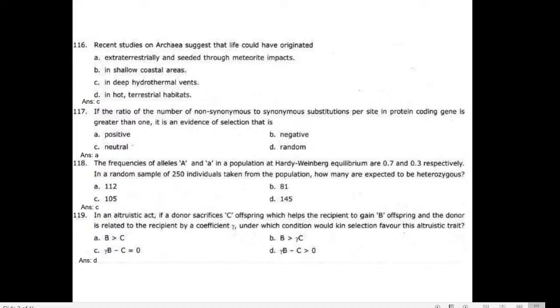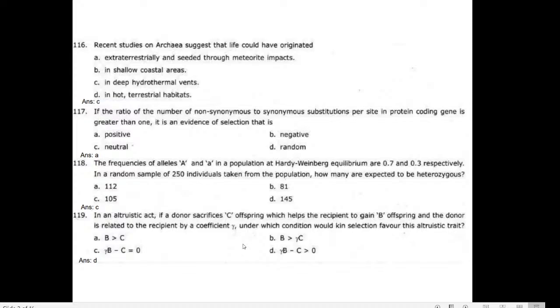The next part of this question is the altruistic act. If a donor sacrifices C offspring, which helps the recipient to gain B offspring, and the donor is related to the recipient by coefficient gamma, under which condition will the altruistic trait be favored? In this we want to correlate the answer. How can we correlate a donor?